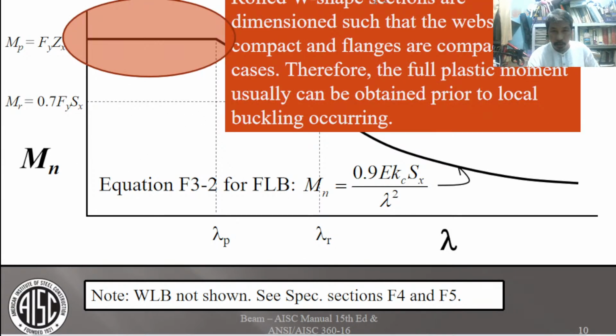Therefore, rolled W-shaped sections are dimensioned such that the webs are compact and flanges are compact in most cases. Therefore, the full plastic moment usually can be obtained prior to local buckling occurring. So I think this is the safest. Meaning the possibility of buckling is very low.